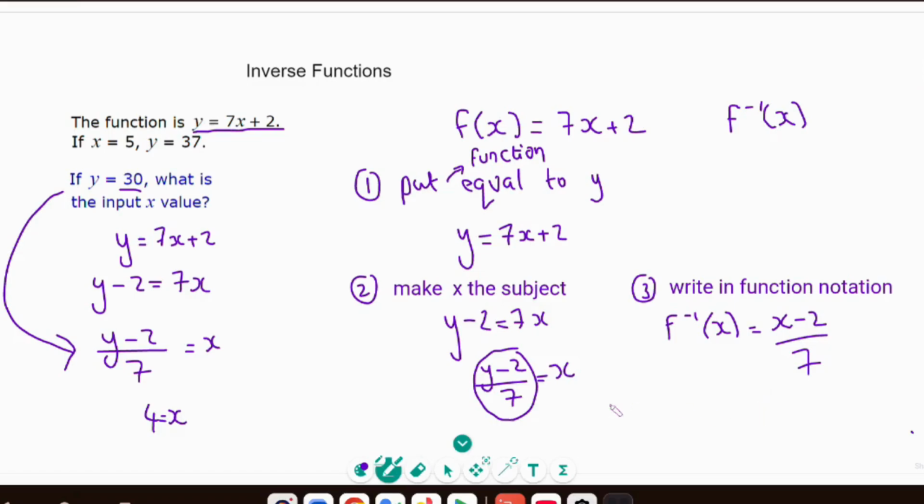So, just using this first example, we know the output is 30, but you would be told in a function notation question, f to the minus 1 of x is equal to 30. Find the value of x. 30 minus 2 is 28, divided by 7 is 4.